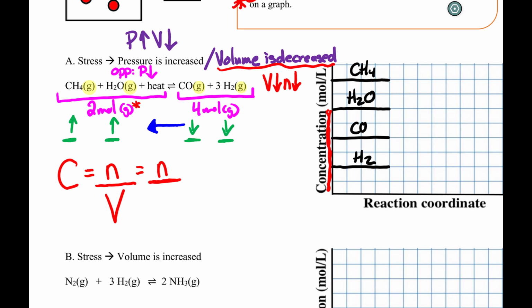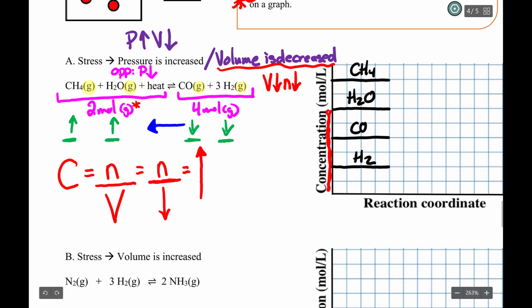The volume was decreased. If my denominator becomes a smaller value, so let's say we had 2 over 2, and now we're 2 over 1, my value overall for concentration goes up. If your numerator is held constant and your denominator gets smaller, overall the value goes up.